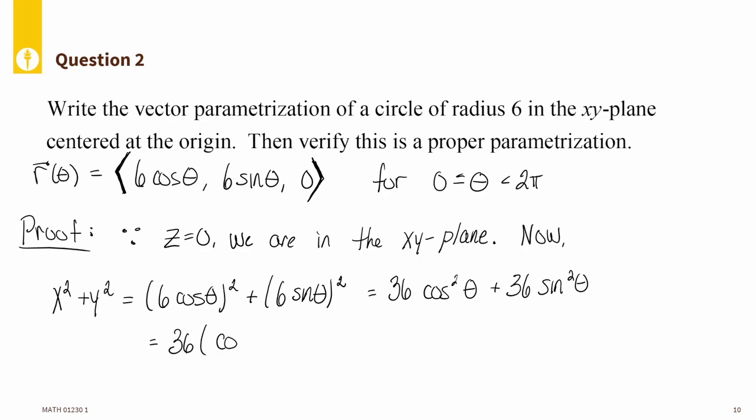You can factor out 36. What's sine squared plus cosine squared?